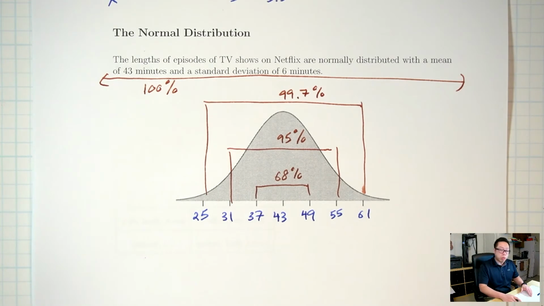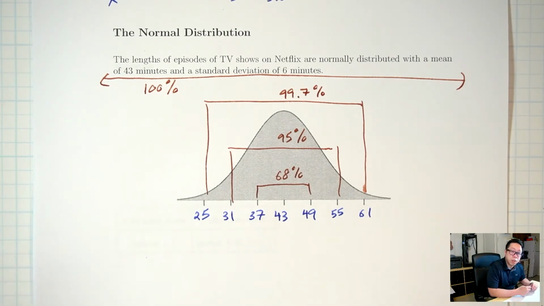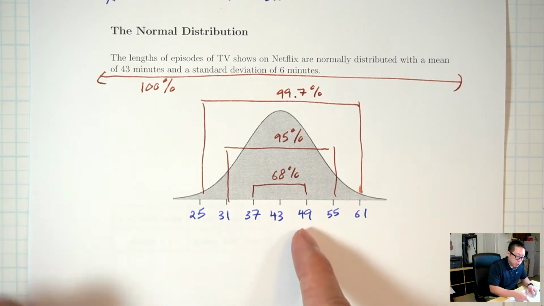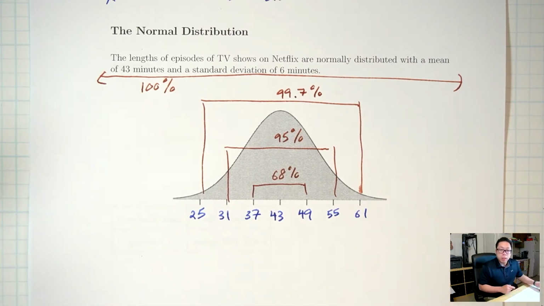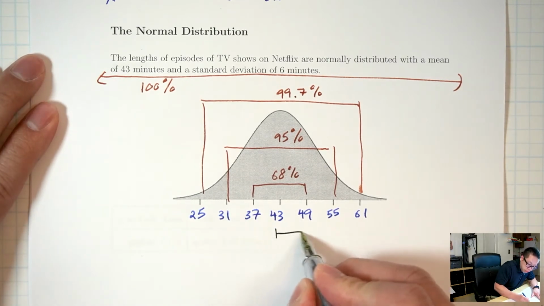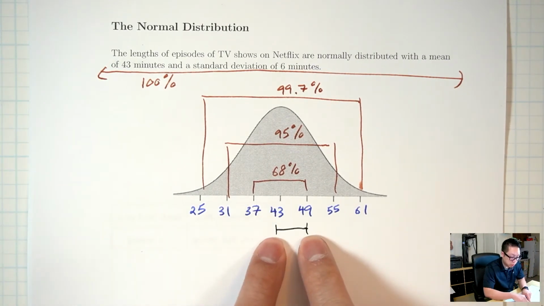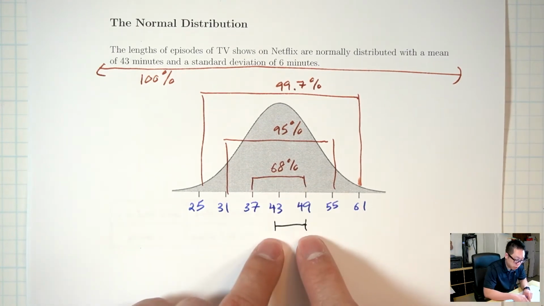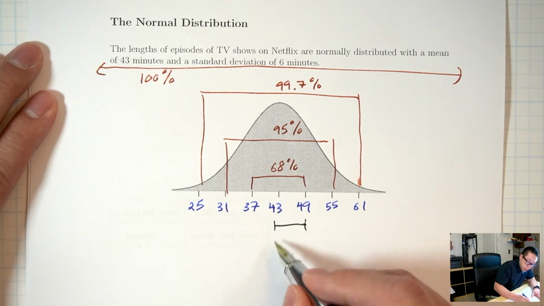And then we can answer questions like, what percent of Netflix shows are less than 49 minutes long? Okay, so that's 49 and to the left. And the way we can answer that is we can take 49 to the middle first. Okay, 49 to the middle should be half of 68, right? So 49 to the middle should be 34%.